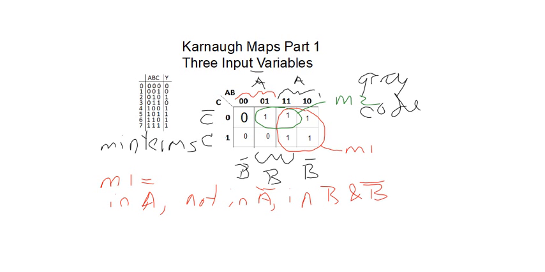So we exclude the ones that it's in both the naught and the non-naught, like B and B naught, C and C naught. So this particular min term is simply equal to A naught.